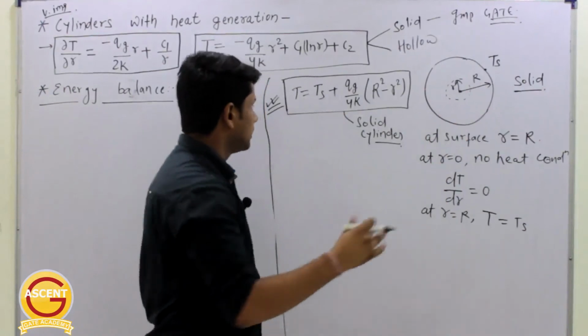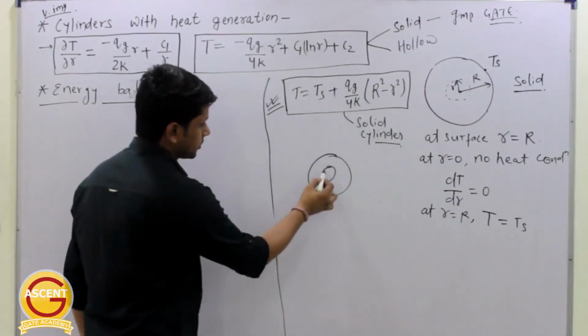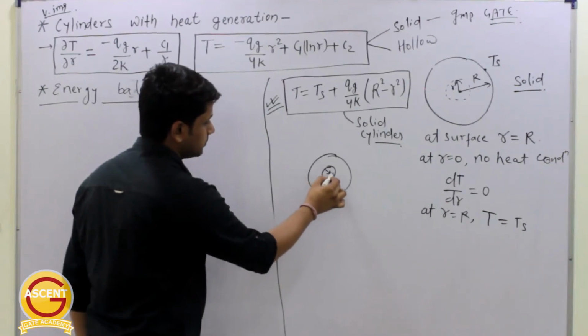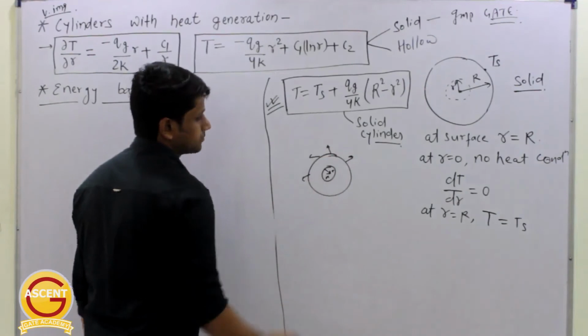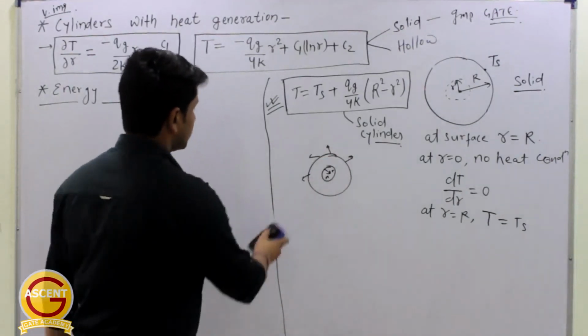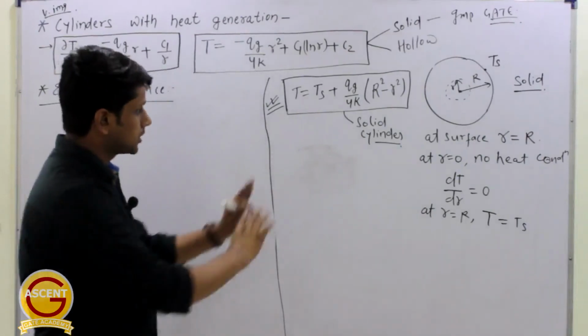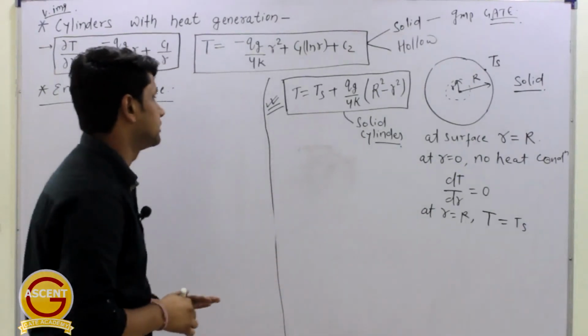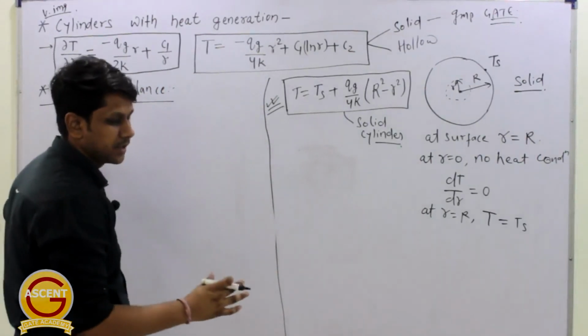For example, if this was a hollow cylinder, then from this surface also the heat can be dissipated, right? And from this surface also the heat can be dissipated. But it is not a hollow cylinder, so here only from the outer surface the heat is going to be dissipated. So we will balance the heat generated and heat dissipated, right?